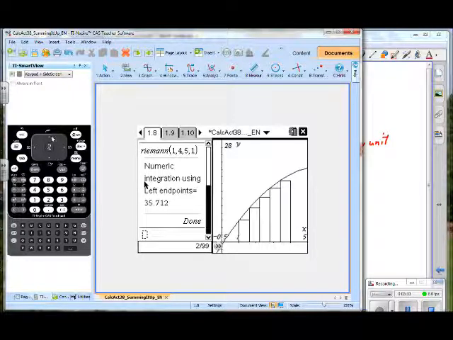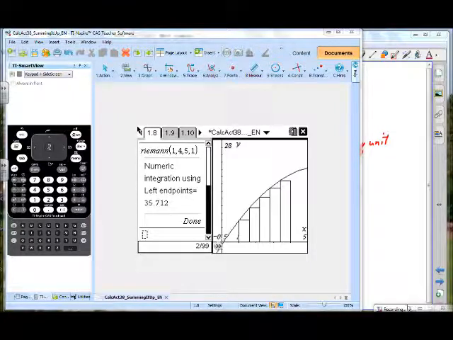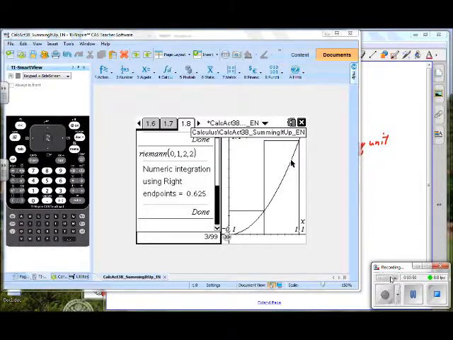This is a slightly different curve than what we were talking about, so I'm going to go back and change it so that it is the same one. Okay, so here's the graph we were looking at, y equals x squared, from 0 to 1.